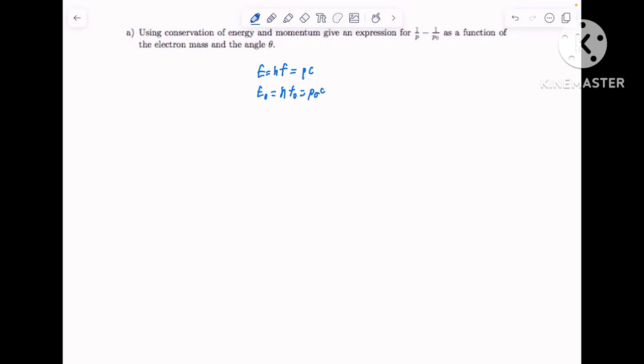According to the energy conservation, E0 plus m electron c squared equals E plus E of electron. And from the momentum conservation, P0 is equal to P plus the P of electron.